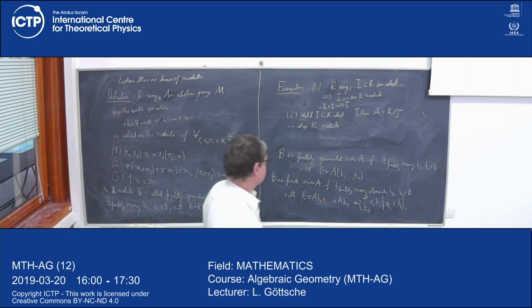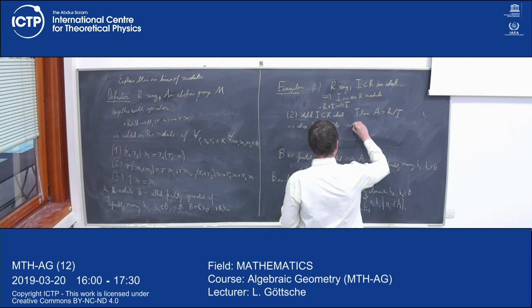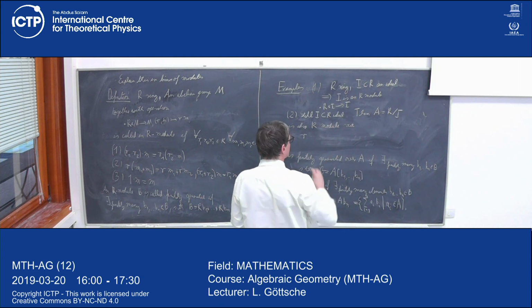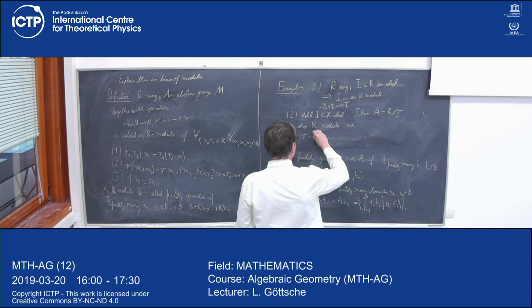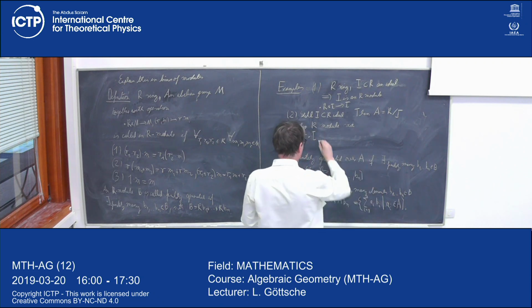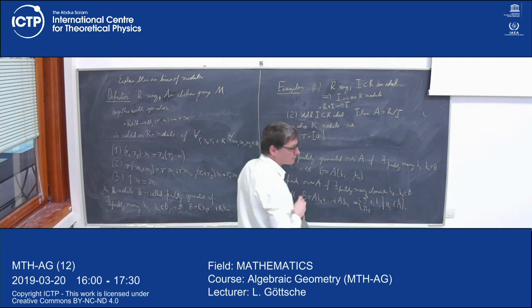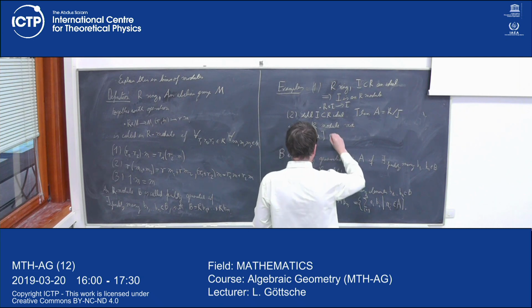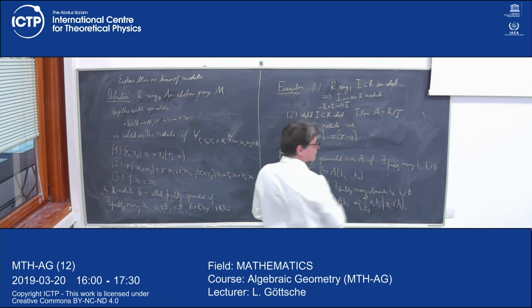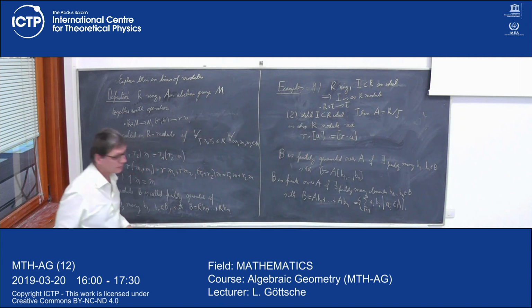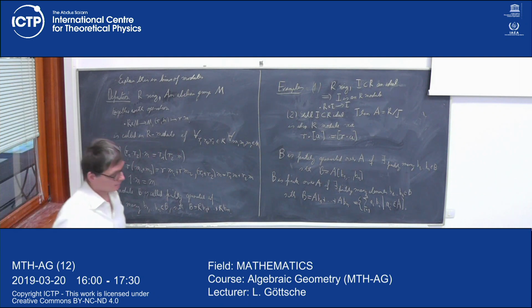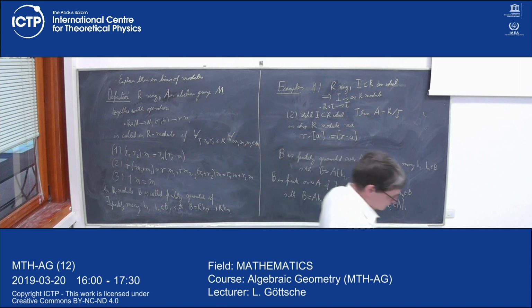Just via, if I have an element in R and I multiply it with a class modulo I of some element a in R, then this is defined to be the class of r times a. And this will again trivially satisfy these axioms, because we are in a ring and the quotient is also a ring.